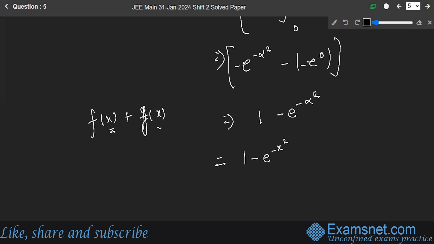Okay. So you have to find out f of log of 9 plus g of log of 9 under the root.